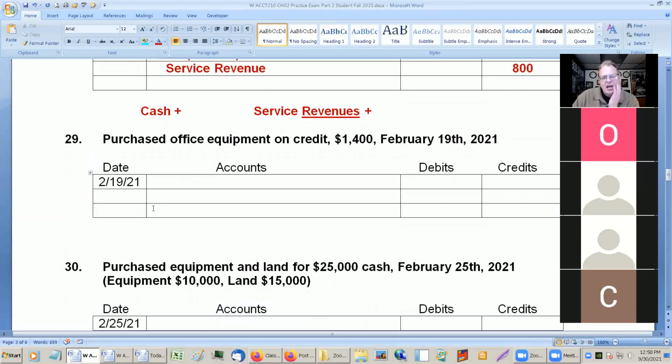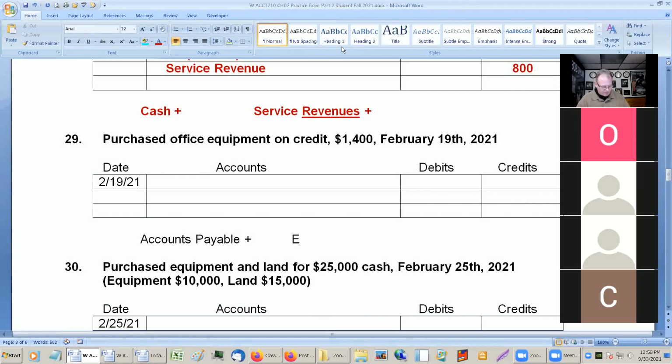Purchase office equipment on credit. So what accounts? Accounts payable and equipment. Accounts payable going up, we owe more money.